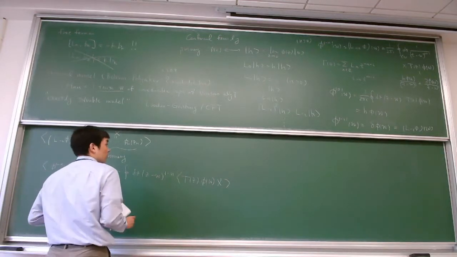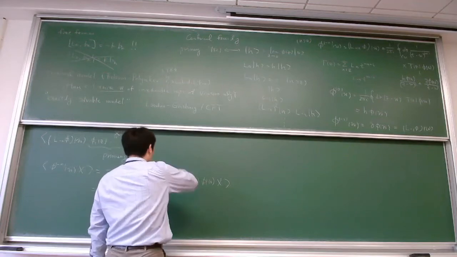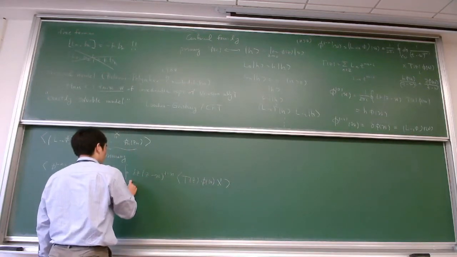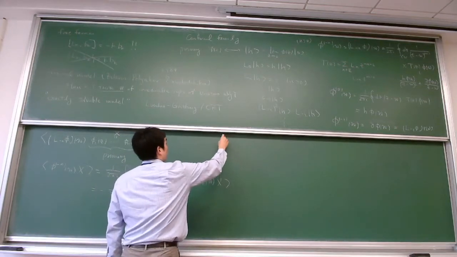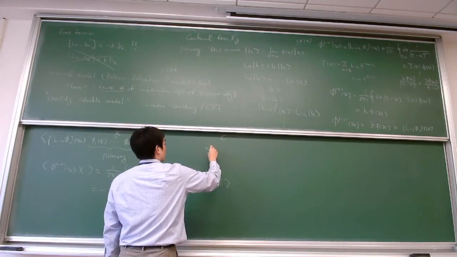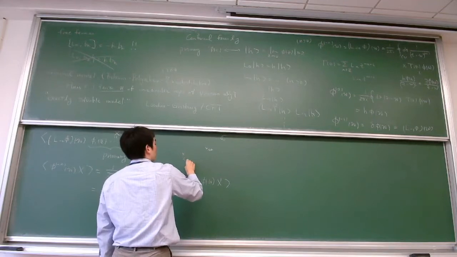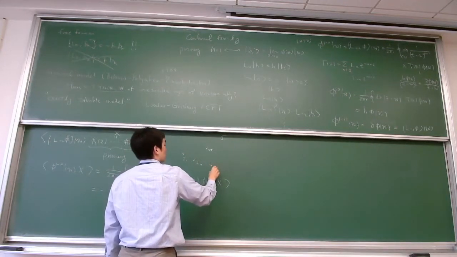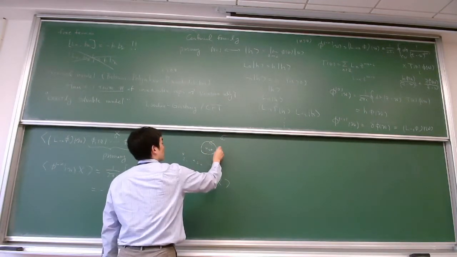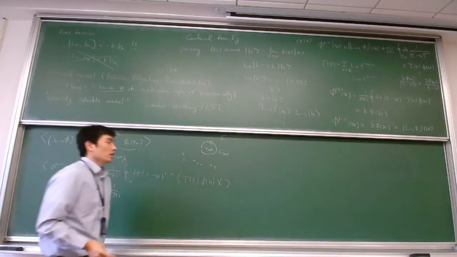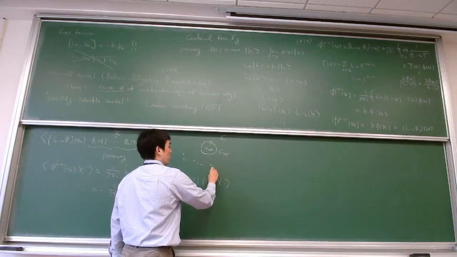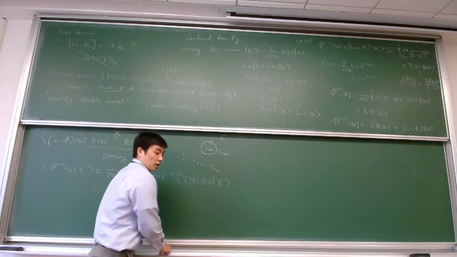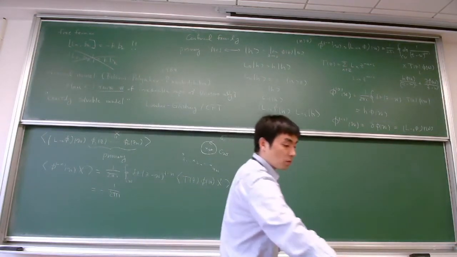So here C_w, but now we just consider the complex plane and the point w here, but the rest of the points are z1, z2, and z3 and so on. If you take the contour C_w here, it is equivalent to taking the rest of the points, z_n, equivalent to taking the opposite contour.